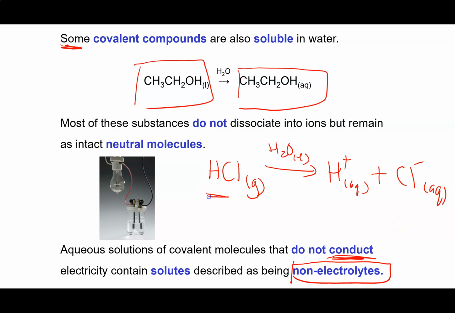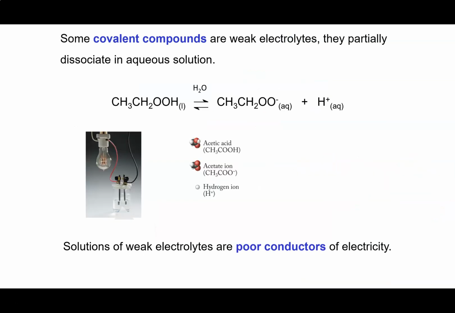So if we were to take an acid and dissolve it in water, an acid is a covalent compound, then it actually does form ions, and we would expect that solution to be an electrolyte. It could conduct electricity. Now, some covalent compounds are what we call weak electrolytes. Only a few of their molecules dissociate in aqueous solution. And a good example of this is the class of compounds that are called carboxylic acids. I think there's an error in here. It should be an extra C in there.